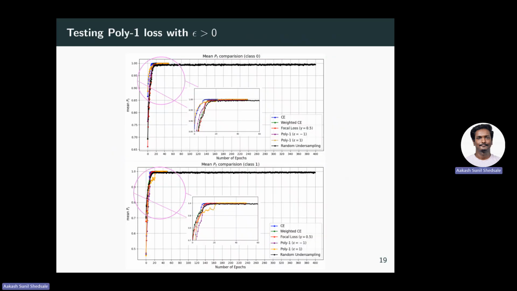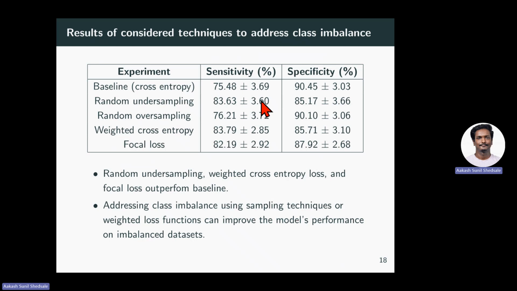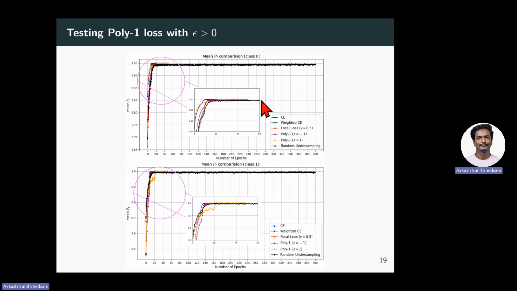And then, since the authors in the PolyLoss paper got improvement by using positive epsilon, we also used positive epsilon and tried to compare with other methods, but we did not see any improvement in the min confidence of the prediction by using PolyLoss, as you can see on the graph for both class 0 and class 1.